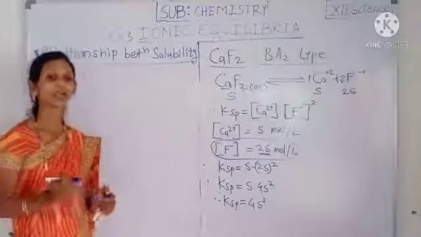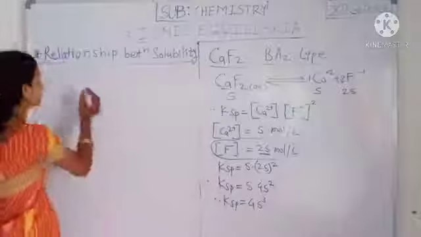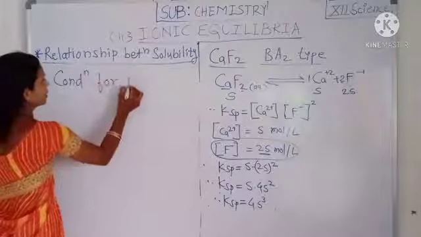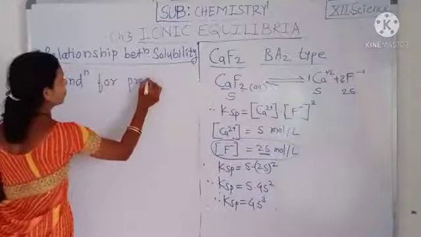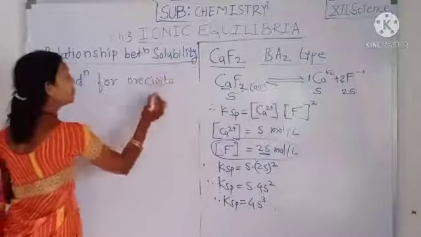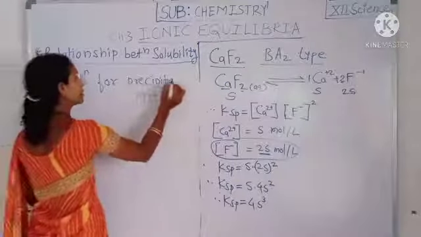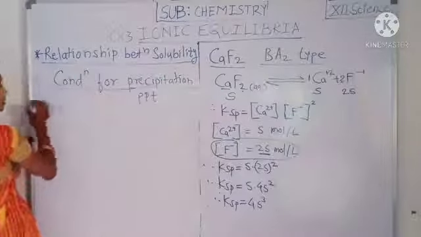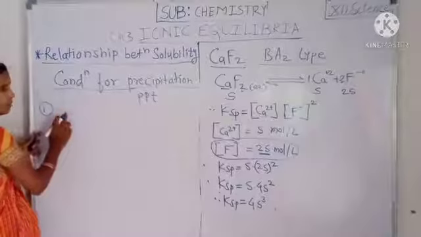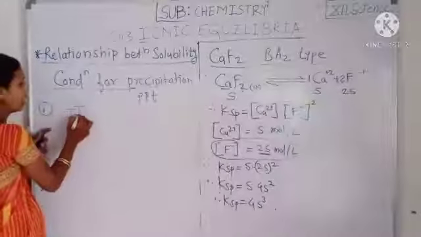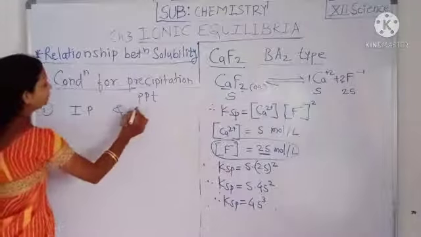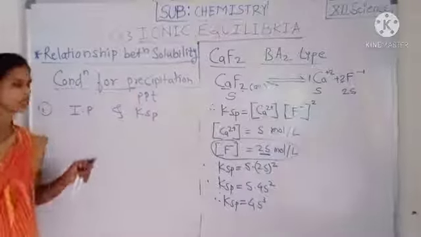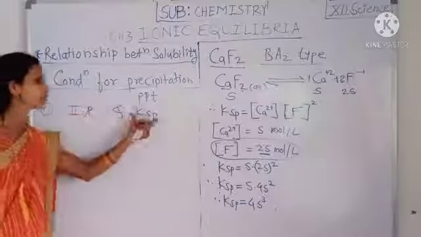Then what are the conditions for precipitation, PPT formation? Precipitation is decided when the ionic product and Ksp of any type of salt are considered. Then what is ionic product and what is Ksp?